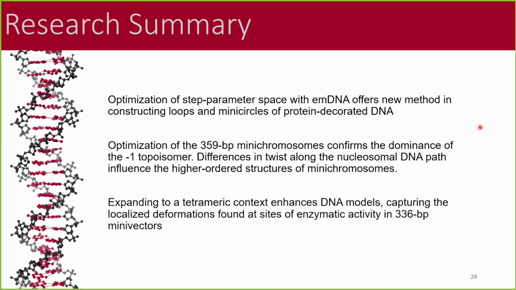And finally, expanding to a tetrameric context enhances the DNA models that we're using, capturing localized deformations found at sites of enzymatic activity specifically associated with 336 base pair mini vectors. And as we continue to work through the data with these circles, we can impart new supercoiled structures.